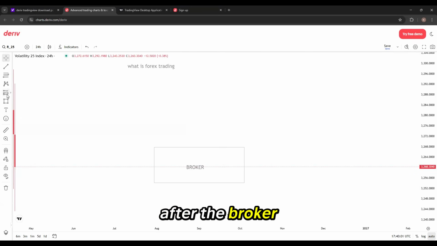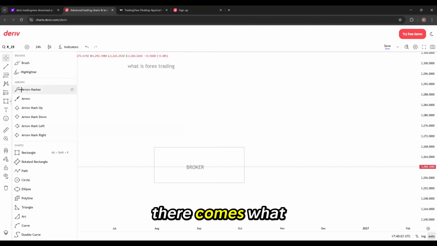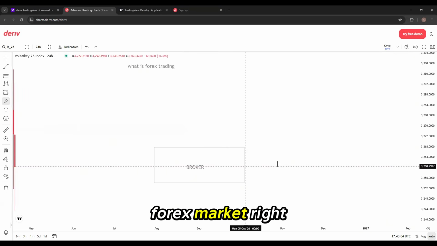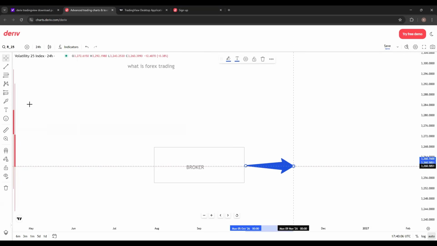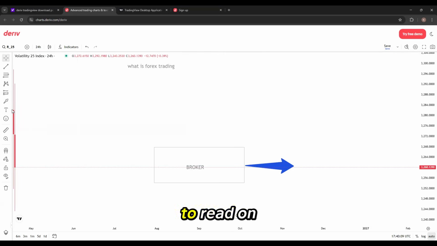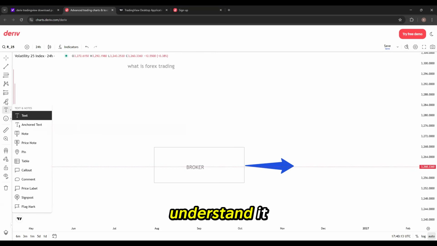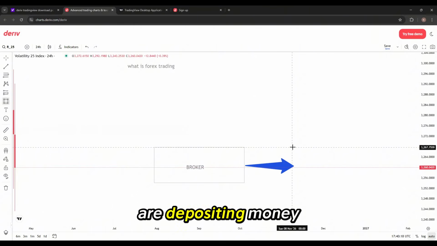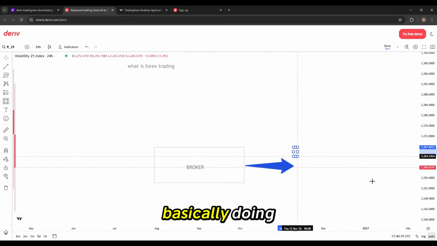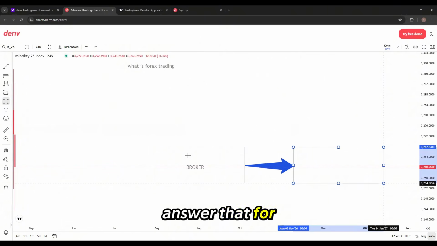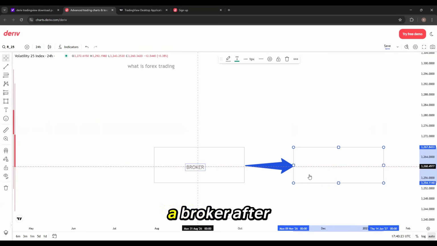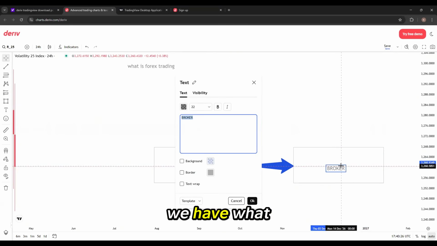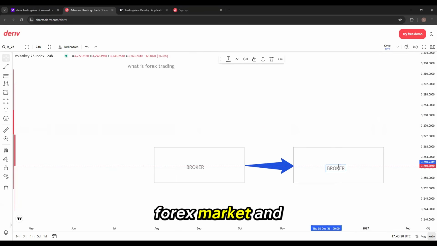After the broker, there comes what you call the Forex market, right? I want you to read on this loop so that you understand it, because some people don't even know what they're basically doing when they deposit money. But let me answer that for you. So we have a broker. After the broker, we have what you call the Forex market.